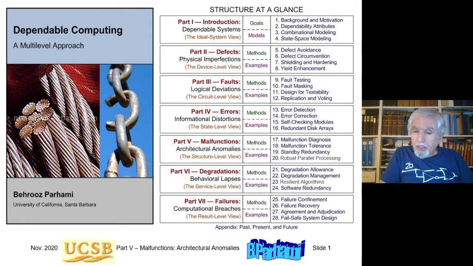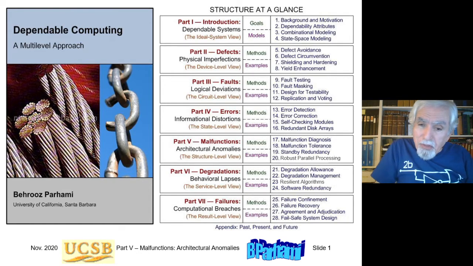So those are logic faults. At the system level, we deal with larger units that can be malfunctioning, so to speak. So a processor unit can be malfunctioning, memory unit, disk unit, and so on. So we are talking at a much higher level.